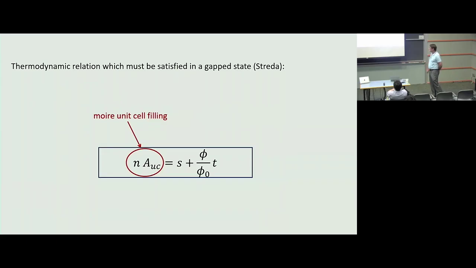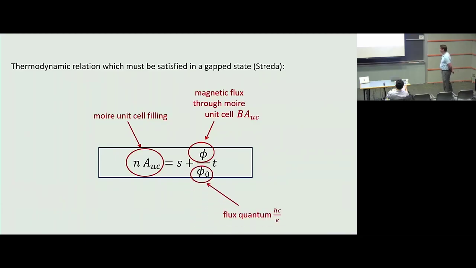The left-hand side of this formula is the Moiré unit cell filling. Phi here is the magnetic flux through the Moiré unit cell. Phi naught is the flux quantum, and then S and T specify our state.